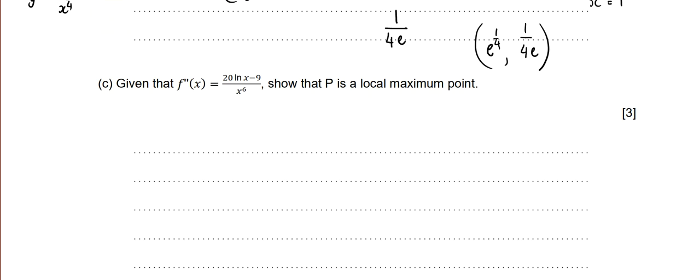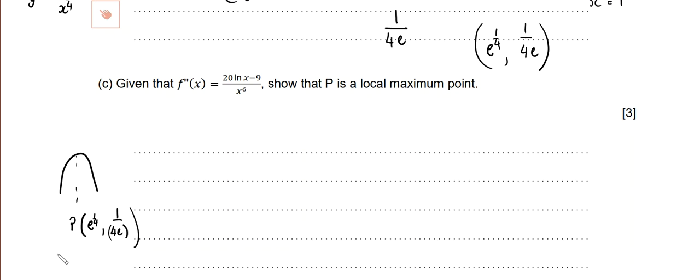Given that the second derivative is 20 natural logarithm of x minus 9 over x to the power of 6, show that P is a local maximum point. If P is a maximum, we're saying point P is at e to the power of a quarter, 1 over 4e, and that it is a maximum.